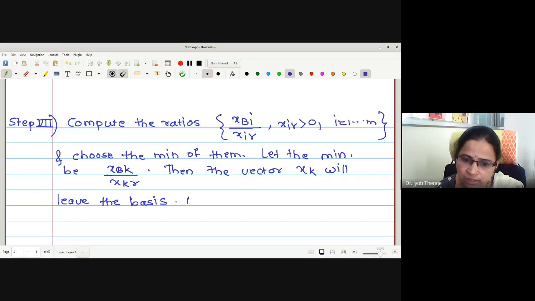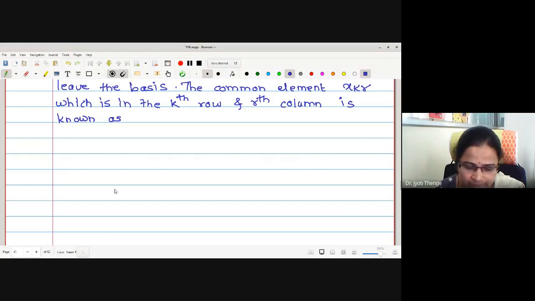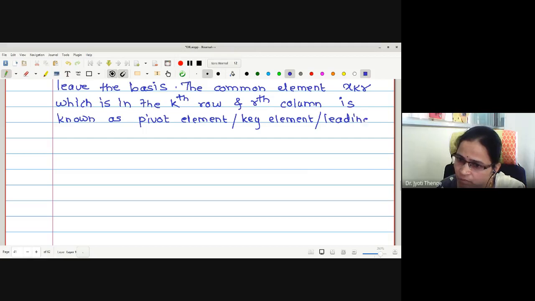Then the common element xkr, which is in the kth row and rth column, is known as the pivot element or key element or leading element of the table.